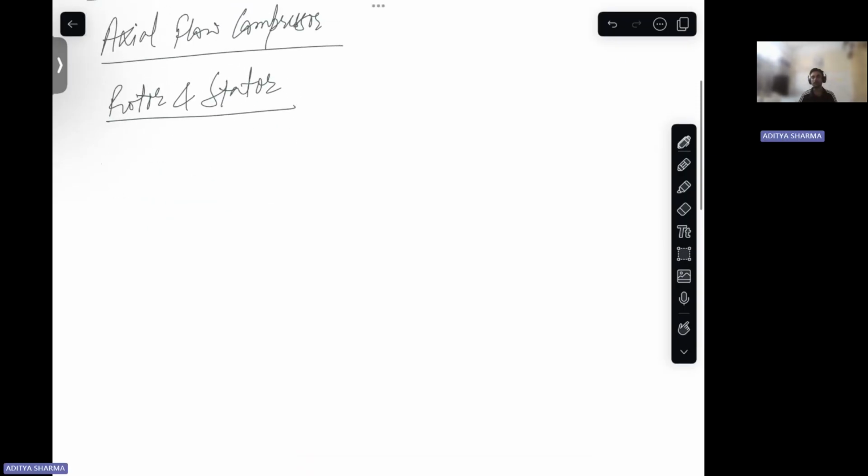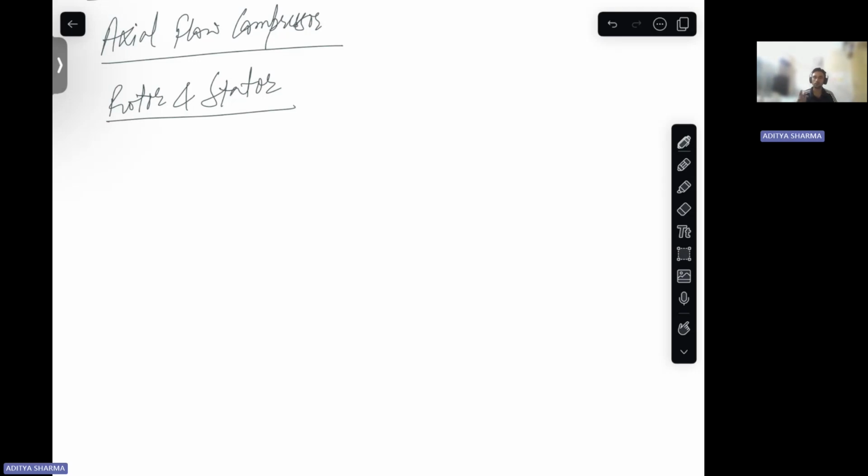Now we have seen in centrifugal compressor how the air flow moves. But now in axial compressor, as the name suggests, the flow will remain in the axial direction, right?